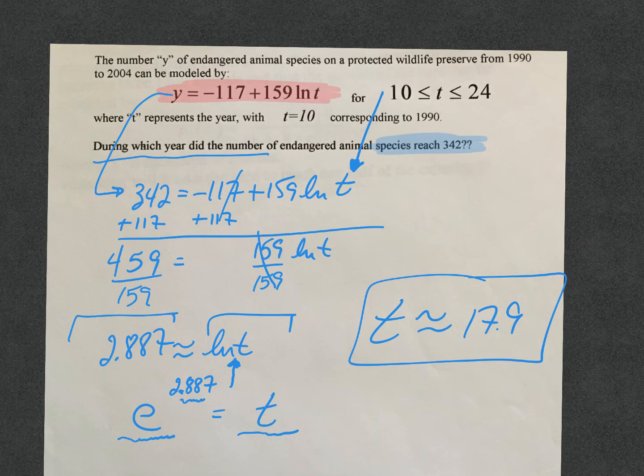So 10 represented 1990, so 17 would represent the year 1997. And then if we're 0.9 of the way through the year, what would that probably be? That'd be like probably November or December. Let's just for the heck of it call it November of 97.